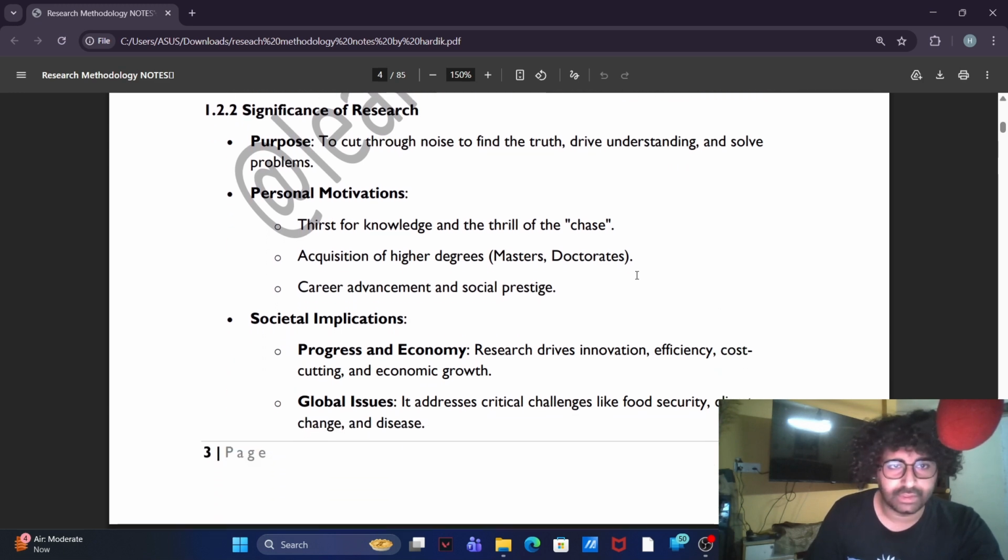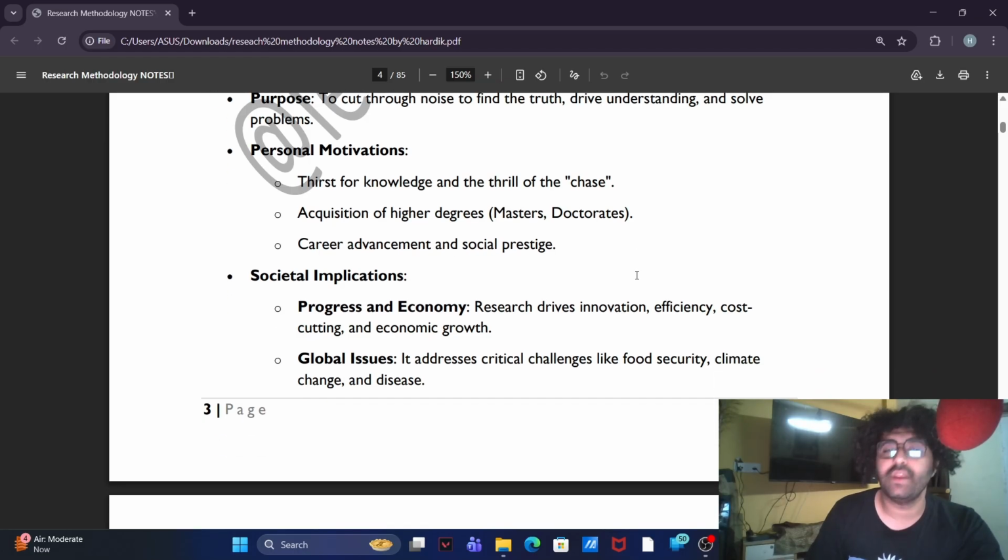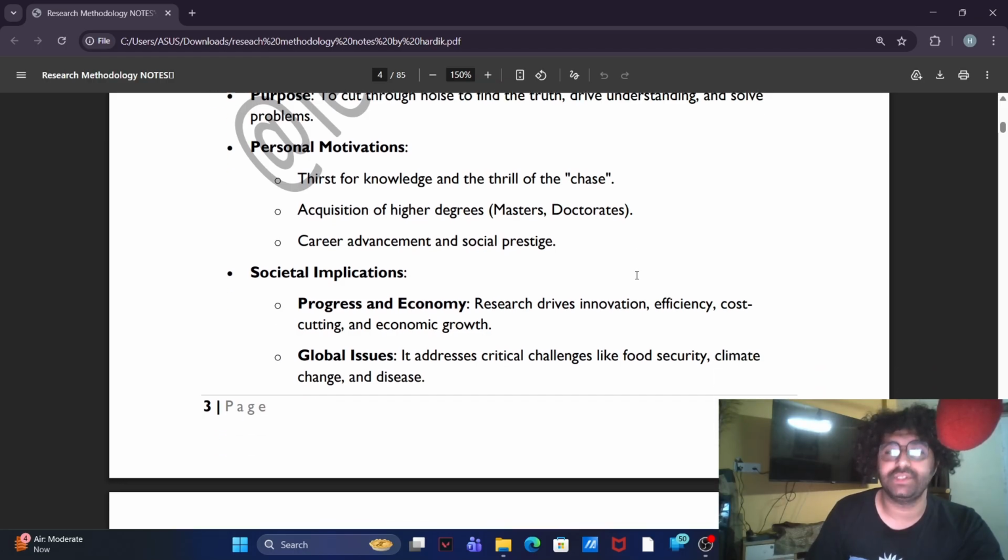Significance of research. Its purpose: to cut through the noise to find the truth, drive understanding, and solve problems. Personal motivation: thirst for knowledge and thrill of the chase, acquisition of higher degrees, masters, doctorates, career advancement, and social prestige.